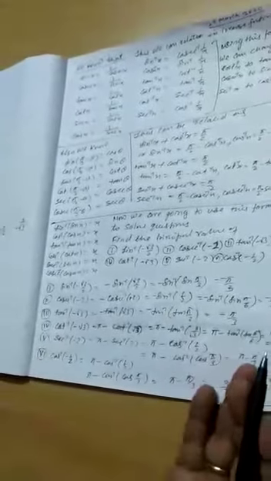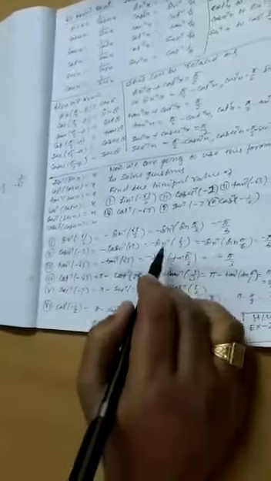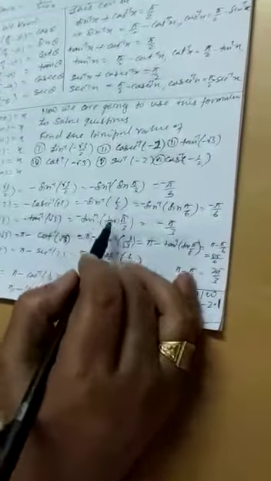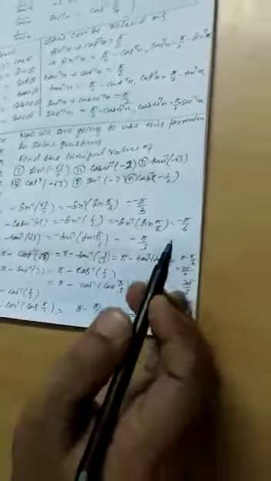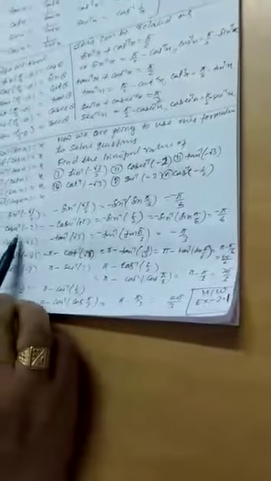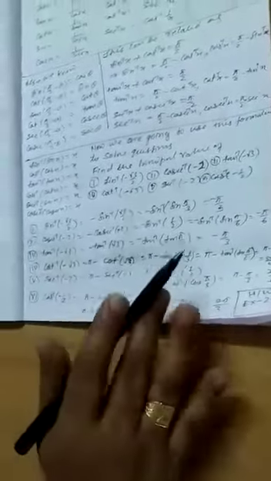So what to do? We convert this to sine inverse 1 by 2. You might remember the value of sine inverse 1 by 2 is the value of sine what? So sine 30 degree. So like cosec, if you don't know the value, no problem. We convert it to sine using these reciprocal values.